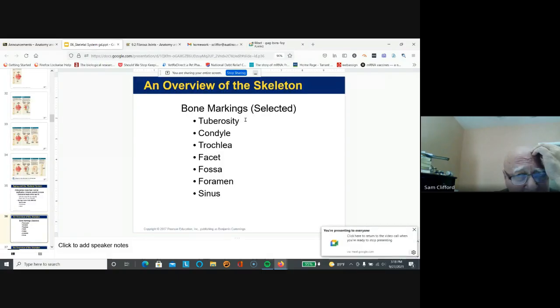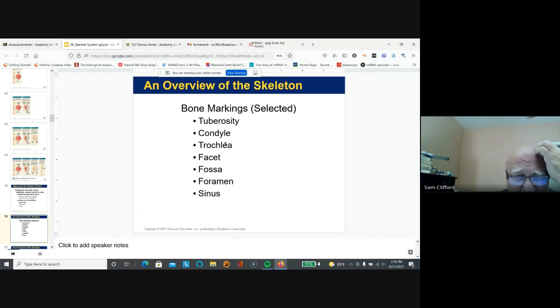So bone markings. Bones have structures, special little shapes that allow attachment of muscle. We'll talk, WebAssign will identify tuberosities like on the ulna.